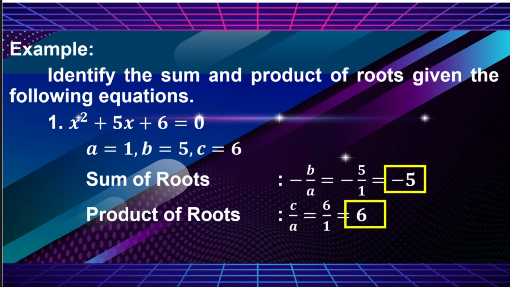So, since the linear term of our equation is 5x, then the sum of the roots is negative 5. But if the linear term is negative 5x, then the sum of the roots is positive 5. Now let us proceed to our other example, which is related to this example.